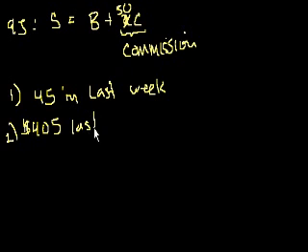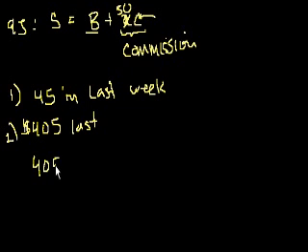We need to know how much of his salary in any given week is base and how much commission he gets per unit. And the only way we could figure that out is if you tell us, so last week we know that he sold 45 items. So for example, last week he made $405.